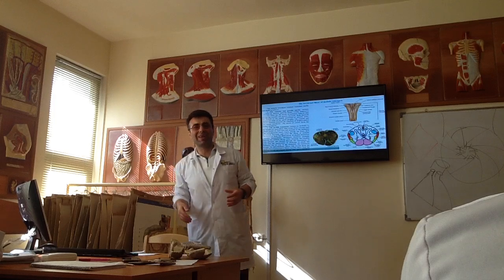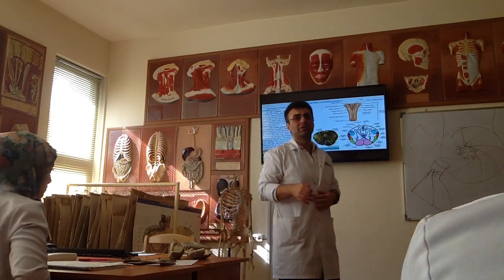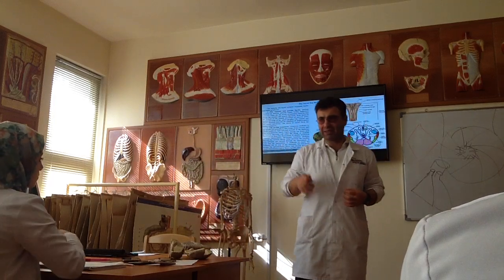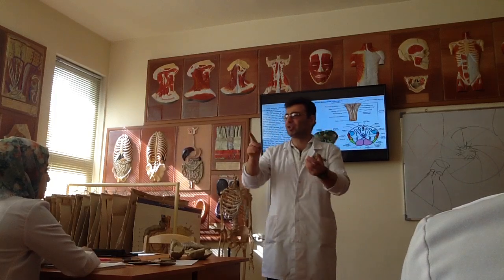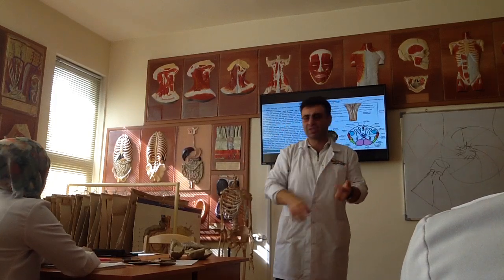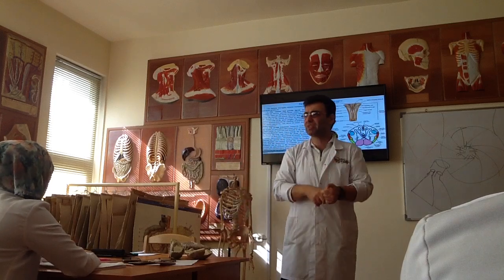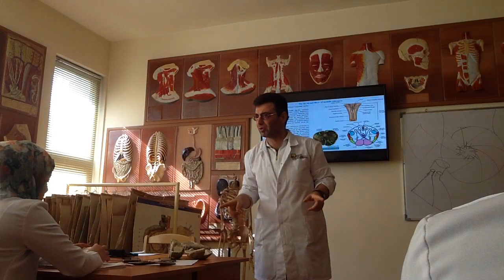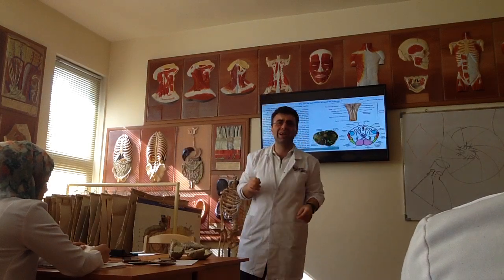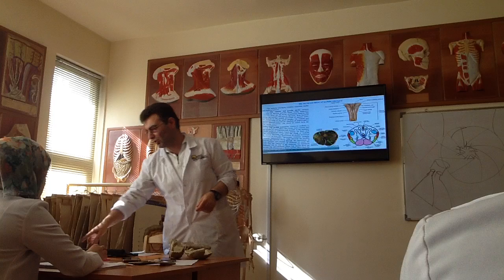And they provide the sensory impulses, it is a sensory pathway, to the thalamus. Sensory impulses, we say, proprioception, tactile, thermoregulation, pain. It goes to the thalamus, and from the thalamus it goes to the cortex. Lemniscus medialis, remember please.